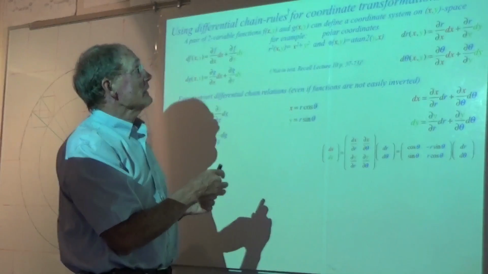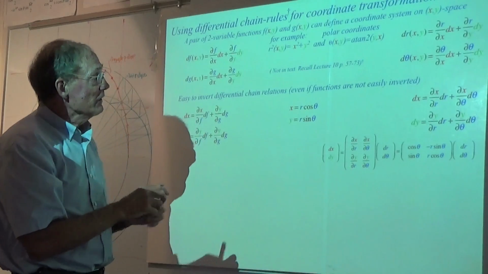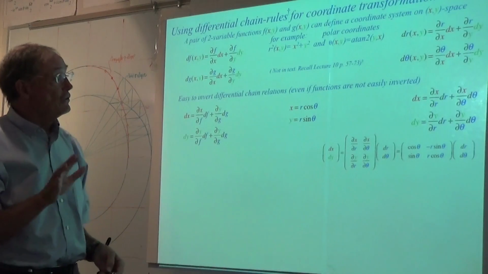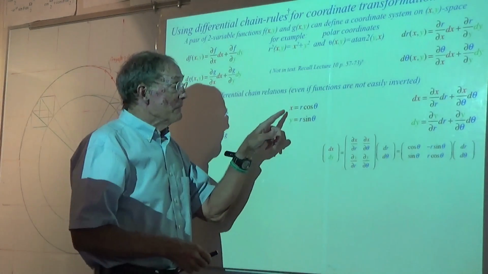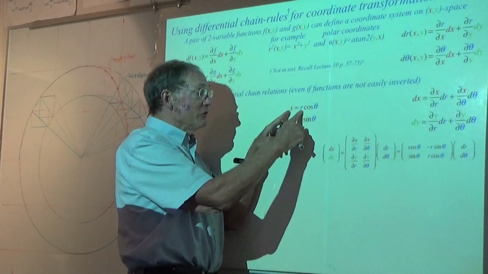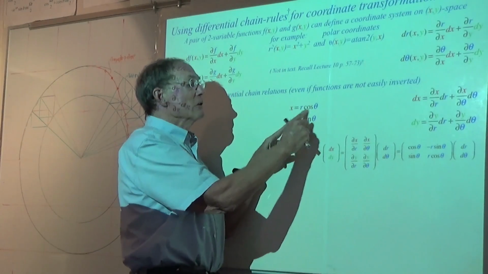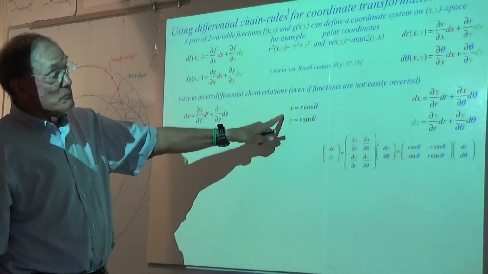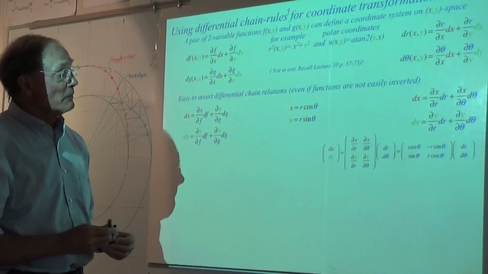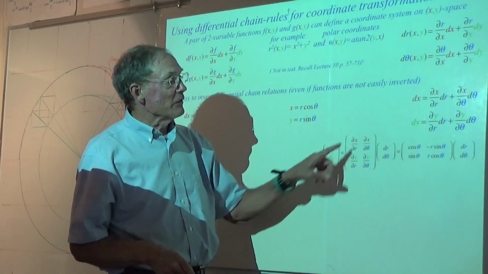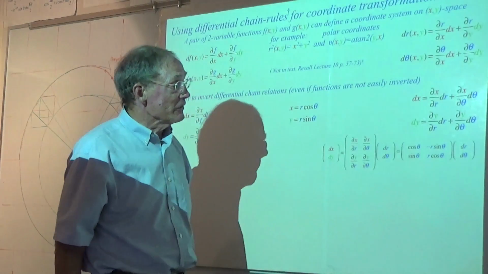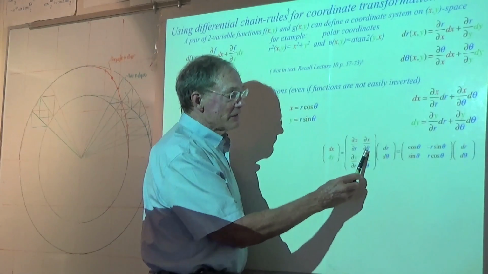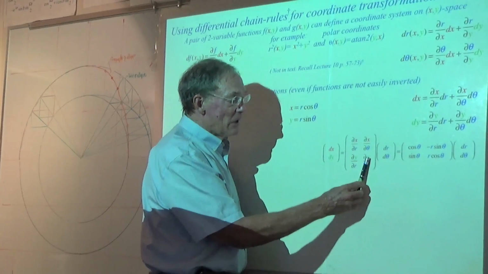Now, the inversion that I'm thinking about here is of this equation, which is a very simple relationship that gives the definition of polar coordinates, that is, gives the Cartesian x and y in terms of the polar coordinates. But the inverse of that particular relation might be terrifically difficult. But the inverse of this matrix here, and that's the way to think about these relationships, involves partial derivatives of x with respect to r, x with respect to theta, y with respect to r, and y with respect to theta.